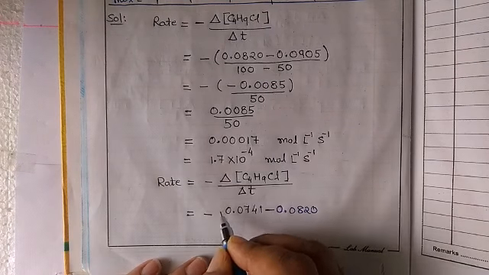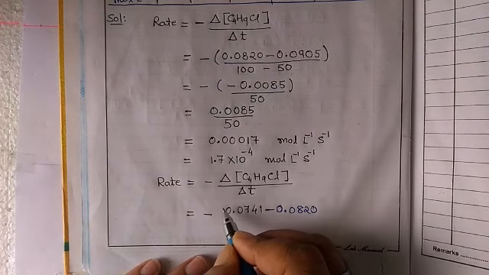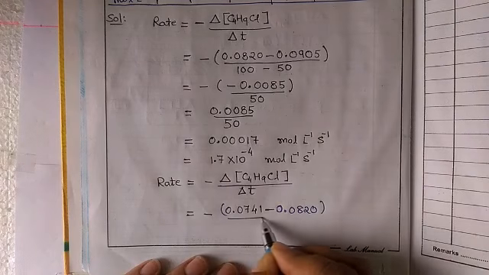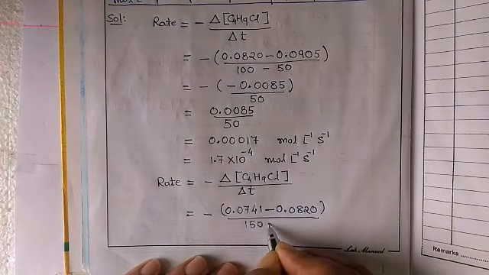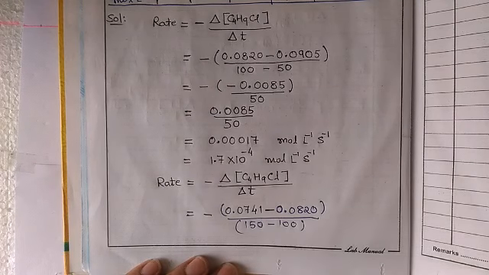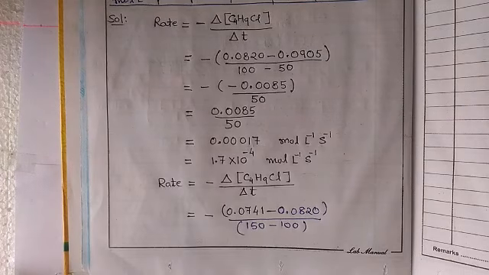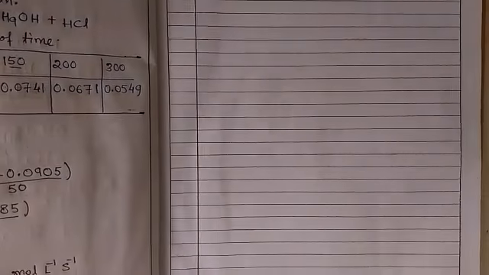We have these values, so let's put bracket, and then we have time. For this we have 150 minus 100 seconds. So let's come to another page for calculation.